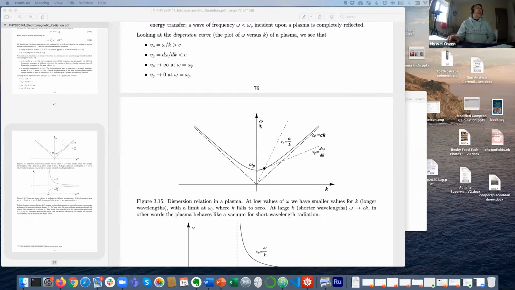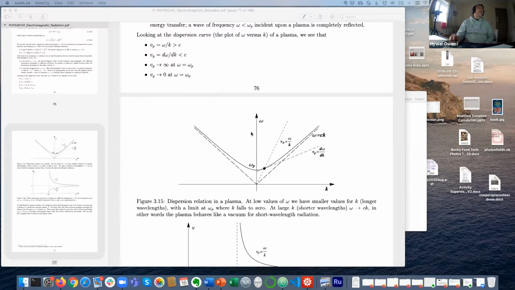Therefore the plasma appears nearly to be the same as free space. The free space situation is this dotted line. You can see that the actual omega curve, the solid line, tends to the free space situation for large values of omega. So for large frequencies, the velocity is equal to omega over k, which of course is c.